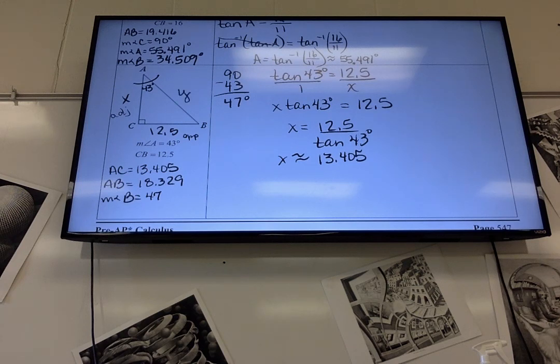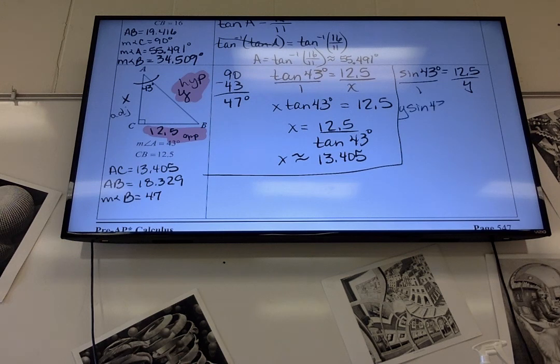So to find y, which is the hypotenuse. I have a hypotenuse, and the opposite was given to me. So that would be sine of 43 degrees equals opposite over hypotenuse. Cross multiply. Get y times the sine of 43 is 12.5, so y is 12.5 divided by the sine of 43.